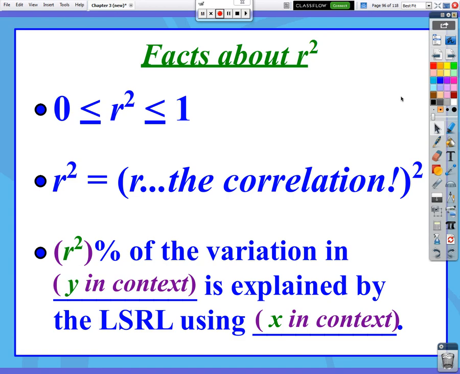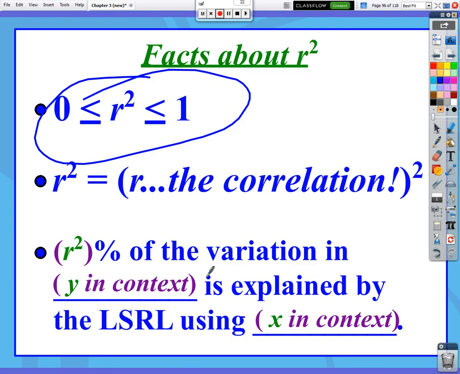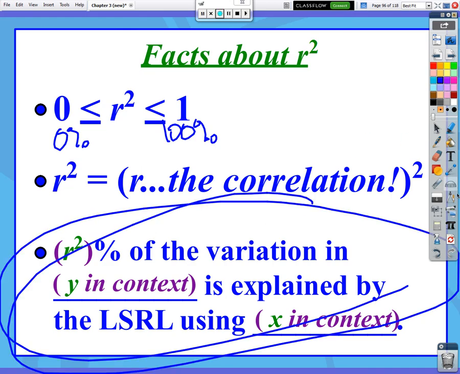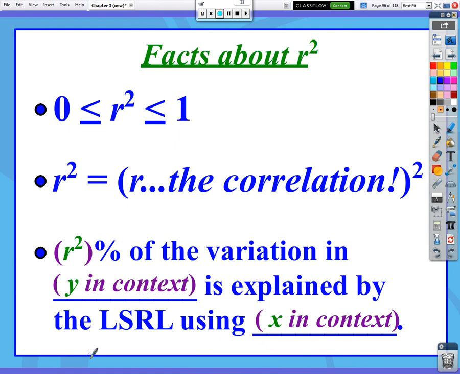Now here are some other facts about r squared. R squared is strictly between and including 0 and 1. And again, instead of using actual values here, we could say it's between 0% and 100%. And literally, r squared is the correlation squared. And then here would be the main thing to know. How do you interpret r squared?